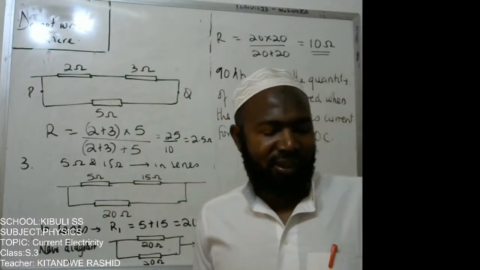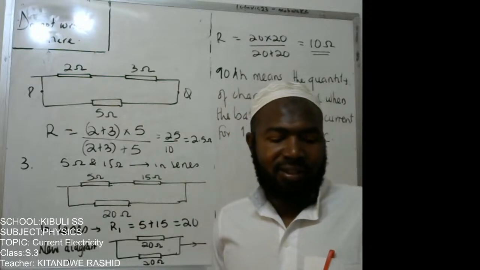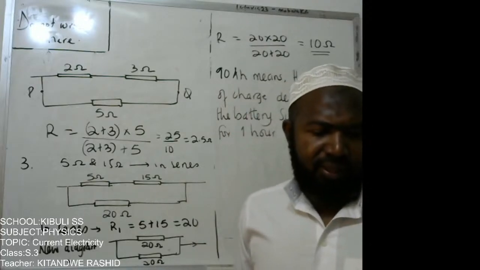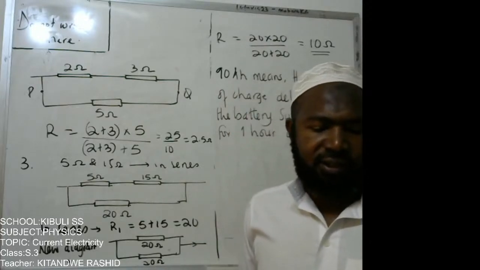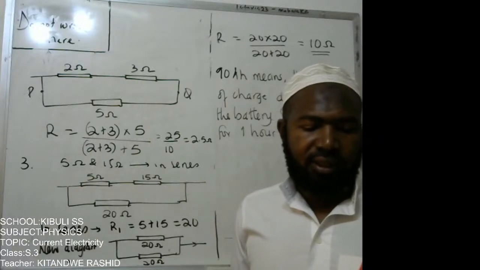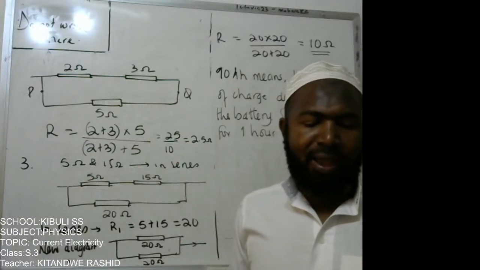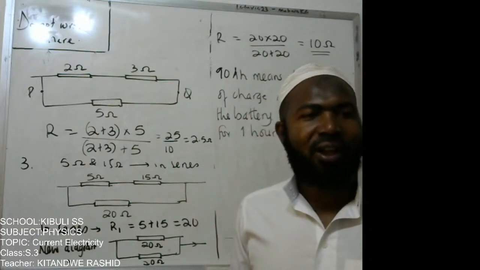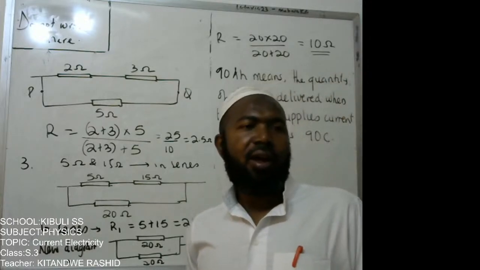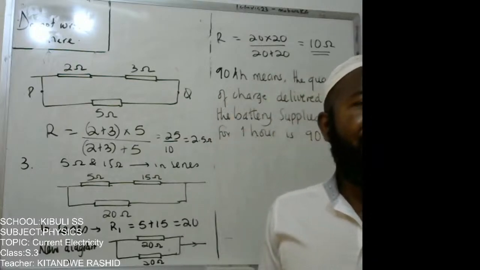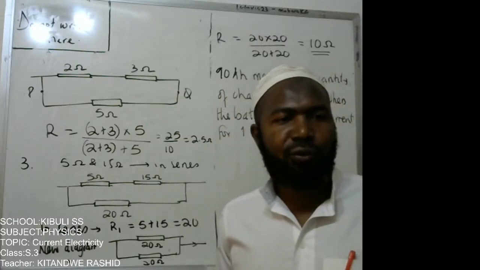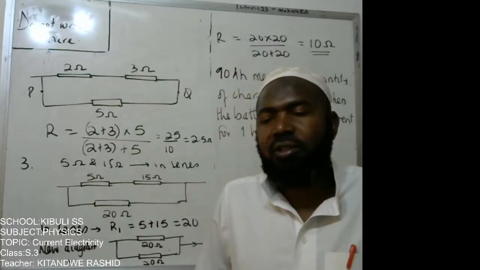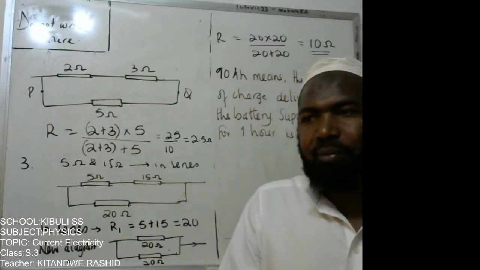Someone is asking that in finding resistance, is the method applied for only 2 resistors or even 1 resistor? You need to know, if it is 1 resistor, there is no need to find effective resistance because it is the only resistance that is available.